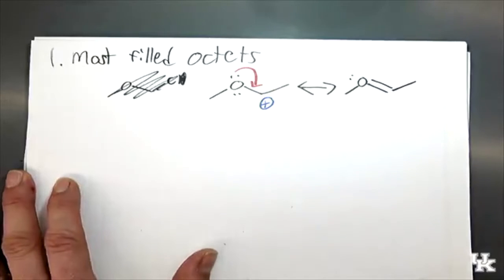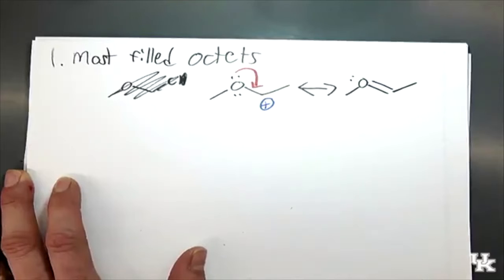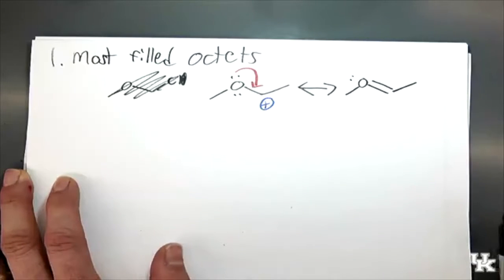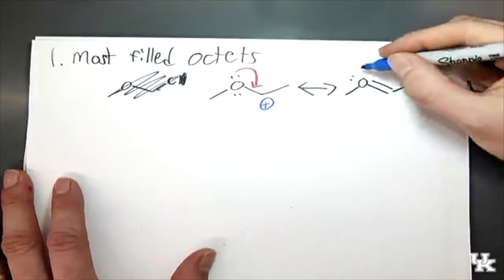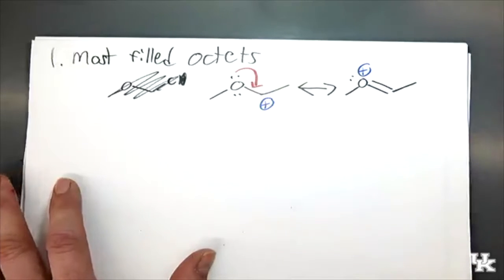But if you remember, an oxygen with 3 bonds and 1 lone pair has what charge? Anybody? I heard some murmuring, but I couldn't really hear it. +1. I heard a +1. That's right.